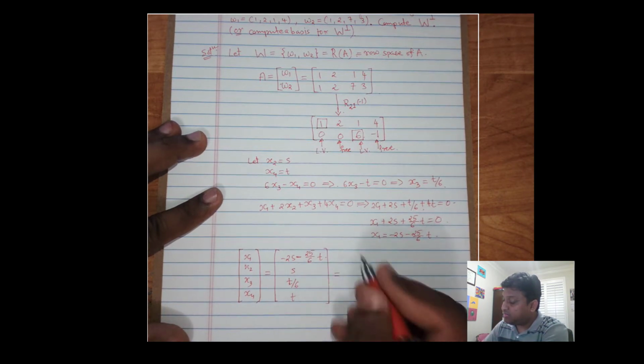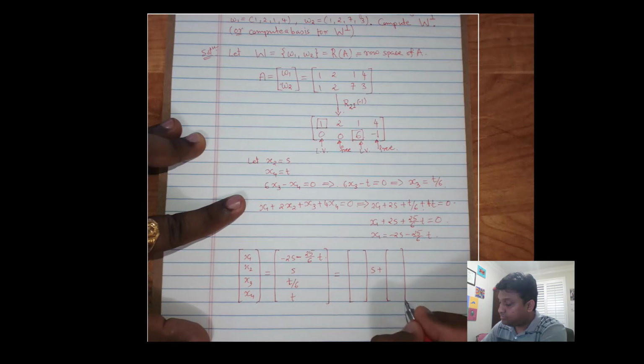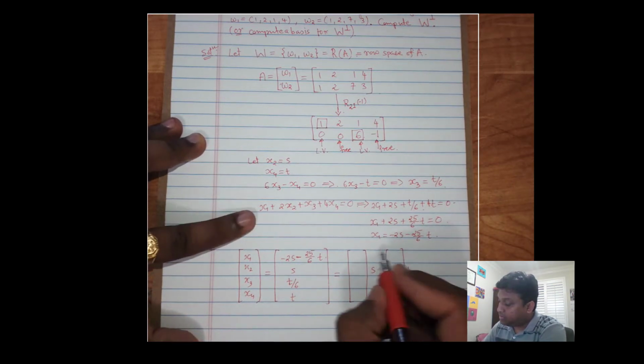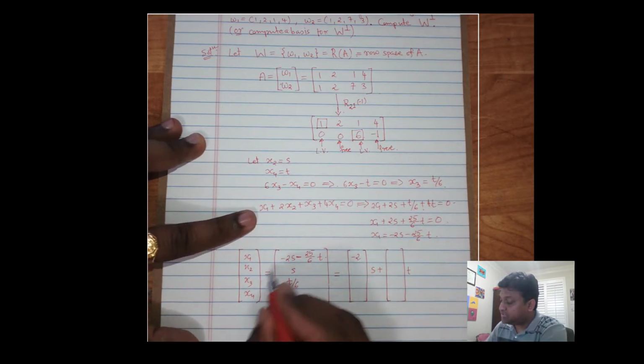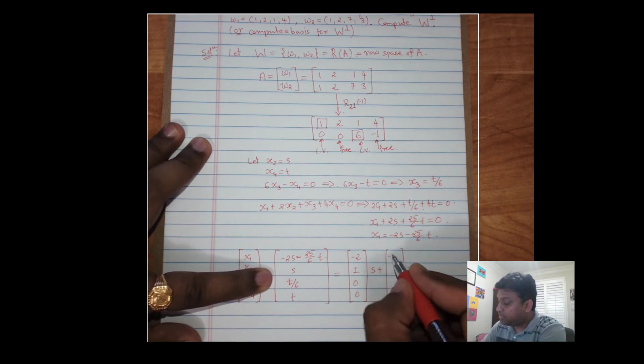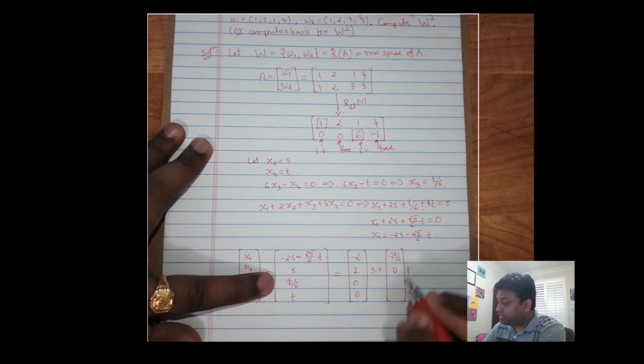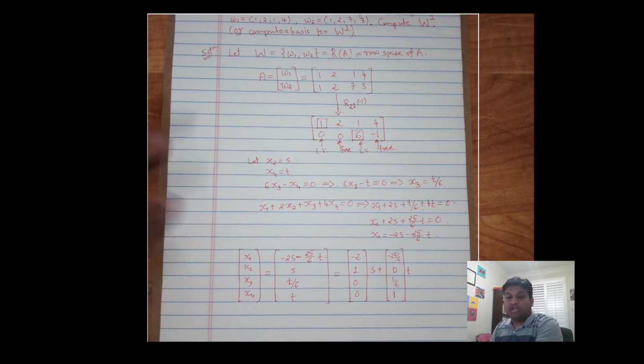Let's write it as a linear combination of s and t. The coefficient of s is negative 2, 1, 0, 0. The coefficient of t is negative 25 over 6, 0, 1 over 6, 1. Alright, we got the basis for the null space.